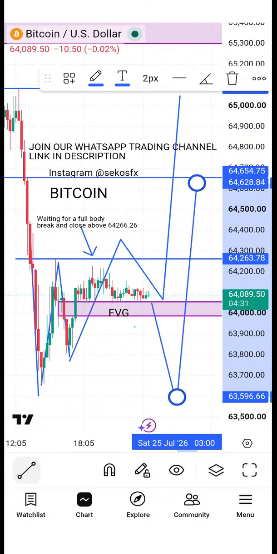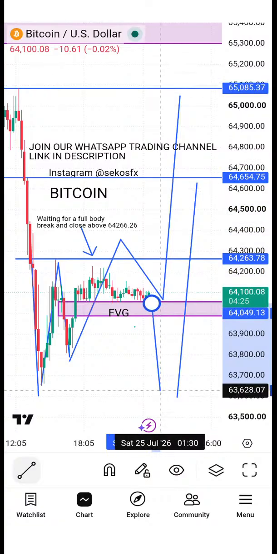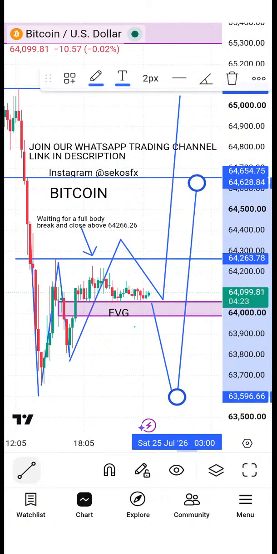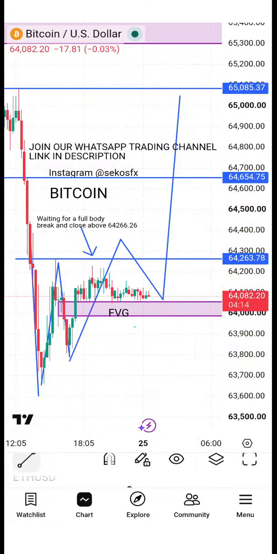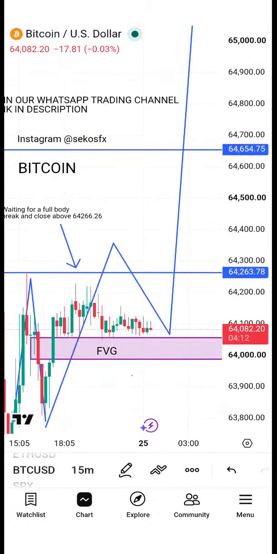Two things can happen on Bitcoin. That is why I'm saying we should wait. It can shoot down, come here, then from here, shoot towards the upside. But to be safe, let's just wait.